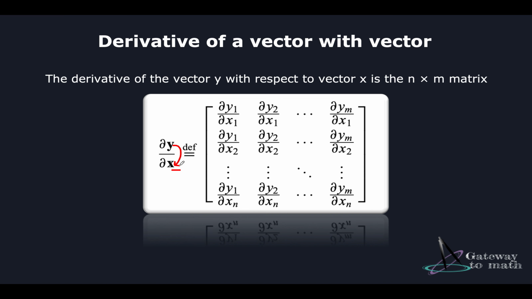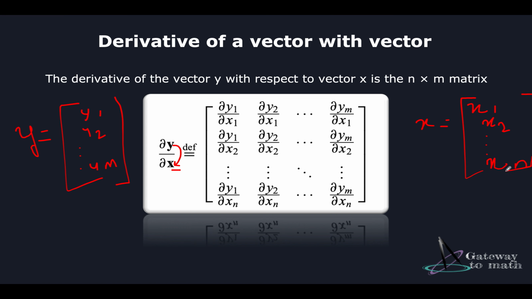Please recall from our previous discussions that we have a vector y which equals y1, y2 until ym, and x equals x1, x2 until xn.